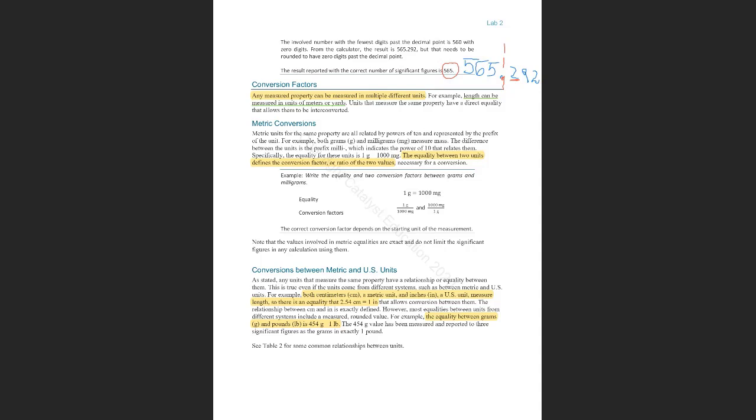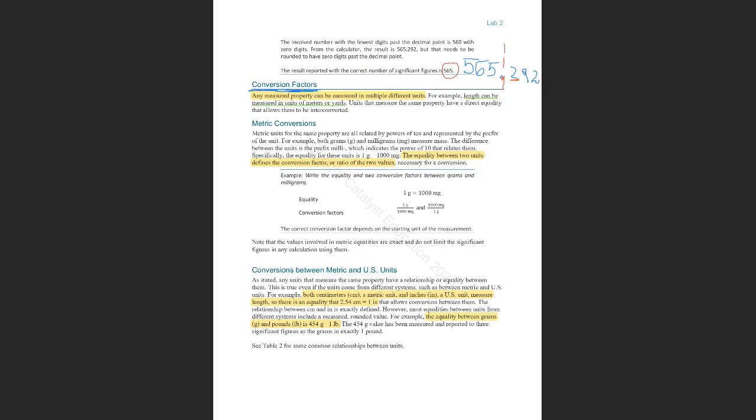I'm planning to stay also after the workshop, so you can ask me again or other questions. And now the write-up is talking about conversion factors. Conversion factors are very important. So when you leave this workshop, you will know how to work with conversion factors.